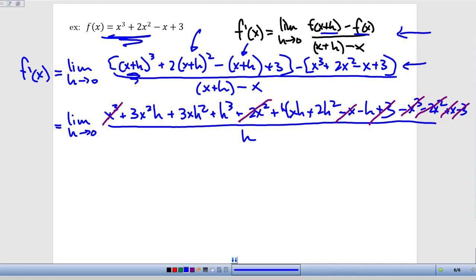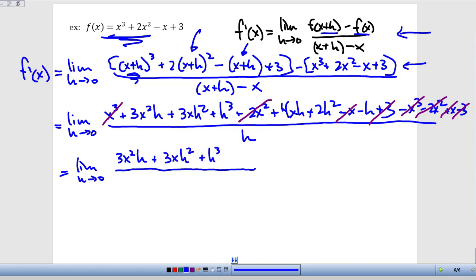So out of all of that, when we're all said and done in that numerator, we're going to apply the limit as h approaches 0 to 3x squared h plus 3xh squared plus h cubed plus 4xh plus 2h squared, and then don't overlook this guy, minus h.